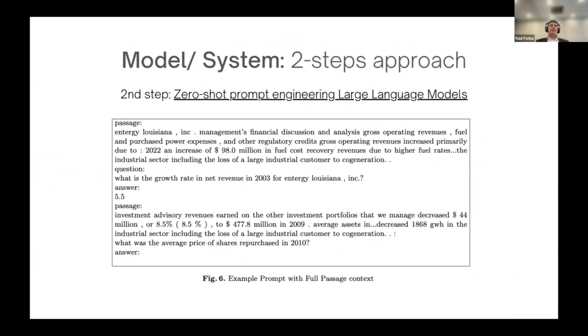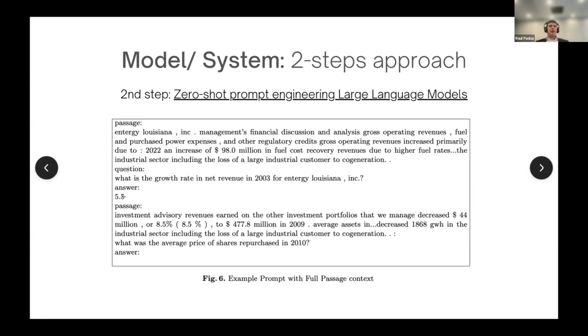This is an example where we experimented in two ways, with zero shot and few shot, right? With zero shot, you only pass the passage and the question and ask for the answer, as you can see in the example here, where the question was the growth rate in net revenue in 2003 for the Energy Louisiana company.